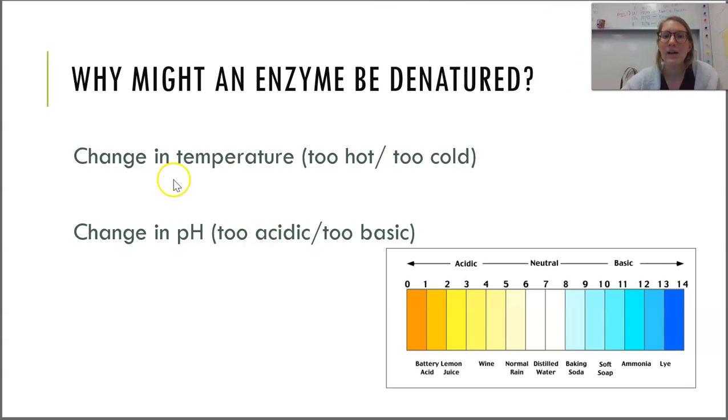We already talked about how if something is too hot or too cold, or too acidic or too basic, that is what can denature an enzyme, and not just an enzyme, but a protein as well, because enzymes are proteins.